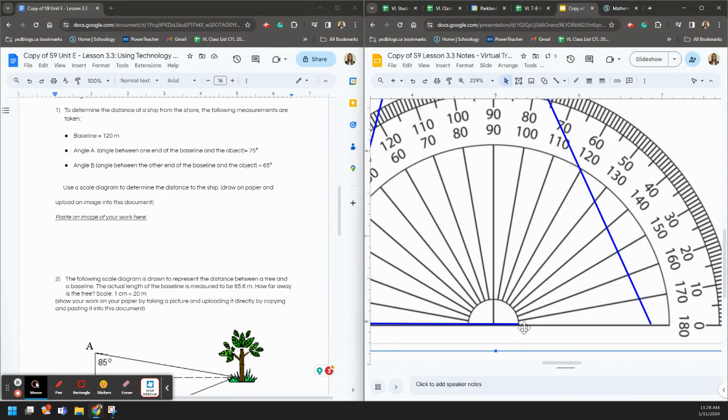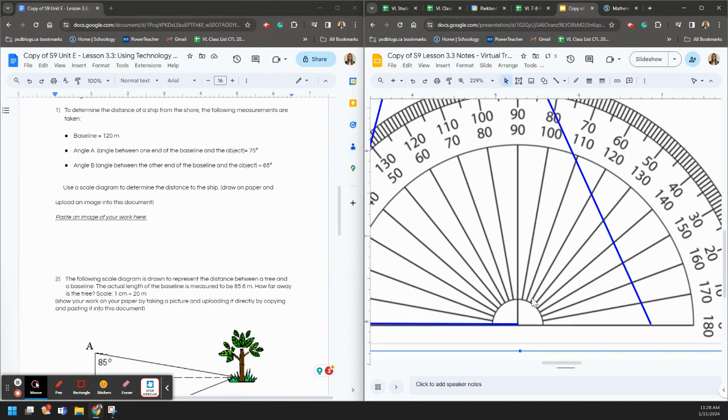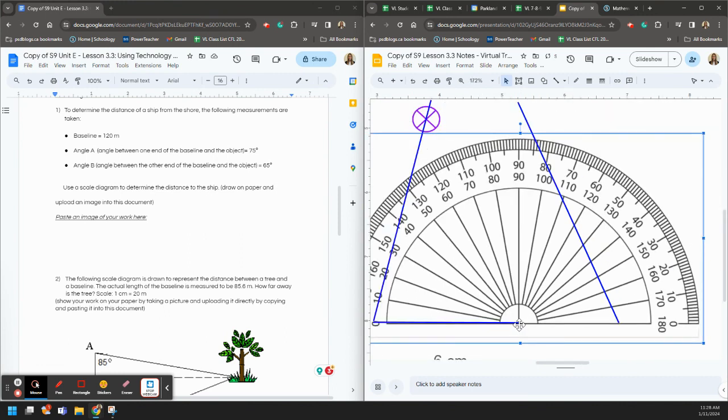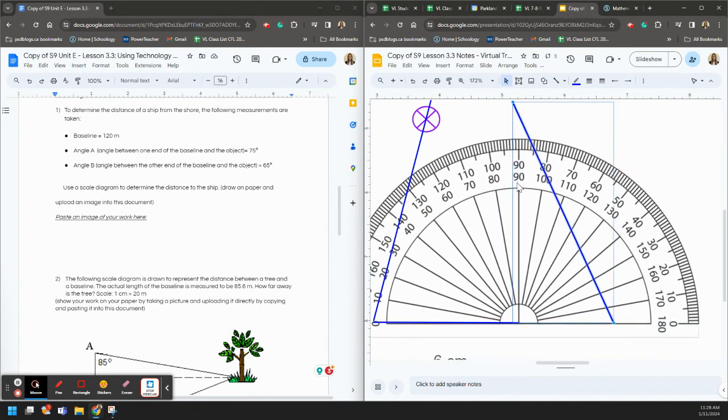So same thing, I'm going to zoom in here. We're going to line up the best that we can to get the most accurate result. So we've got the perpendicular 90-degree mark lined up with the edge of that baseline. And then I'm going to trace another line that is going to pass through the 65-degree mark.